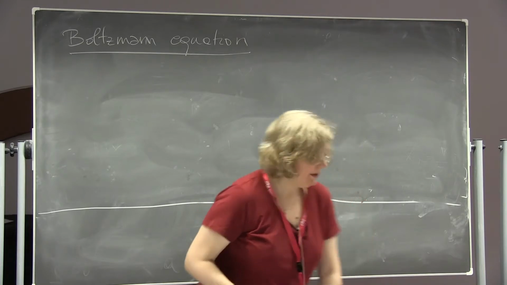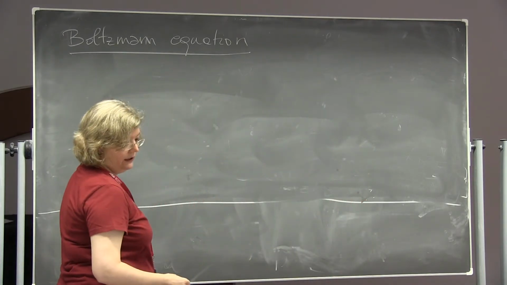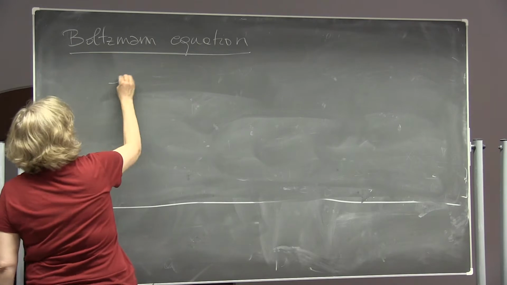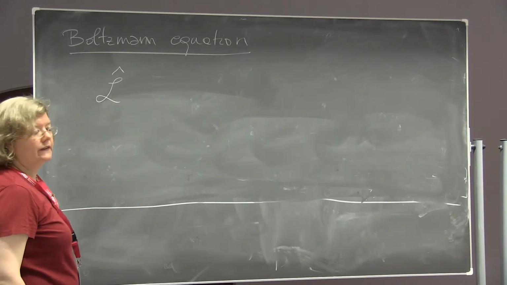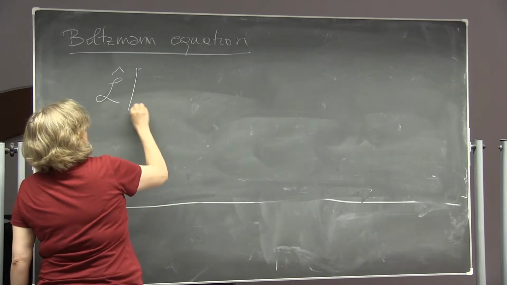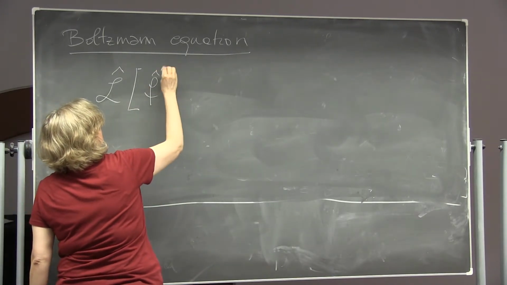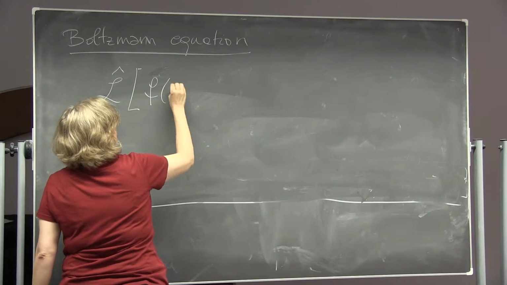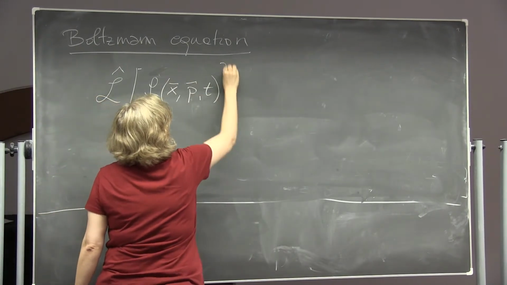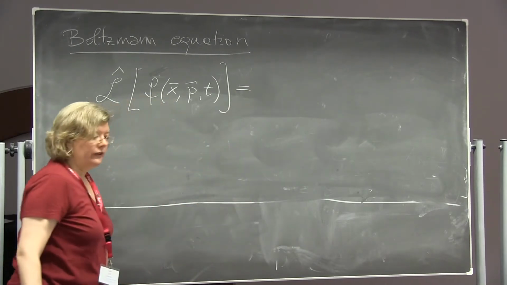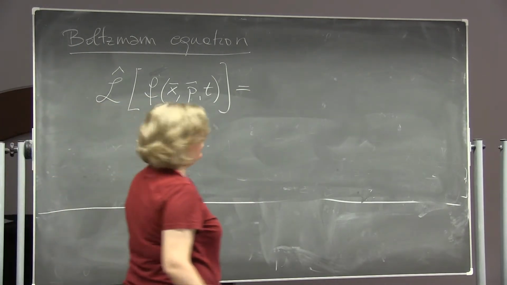Okay, so let me go to the Boltzmann equation generically. We have already heard about it. This is nothing else than an equation of motion for our distribution function, which I can write as a Liouville operator for the distribution function. And the Liouville operator will be equal to a collision operator.